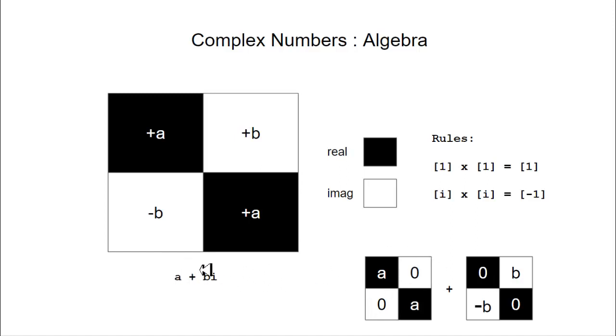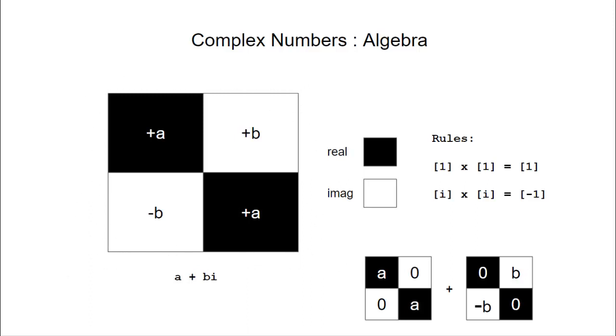And then plus BI. Instead of plus BI, you could just say A plus B, where A is on the forward diagonal and B is on the backward diagonal, A has the same sense and B has the opposite sense. So this matrix plus this matrix equals this matrix.